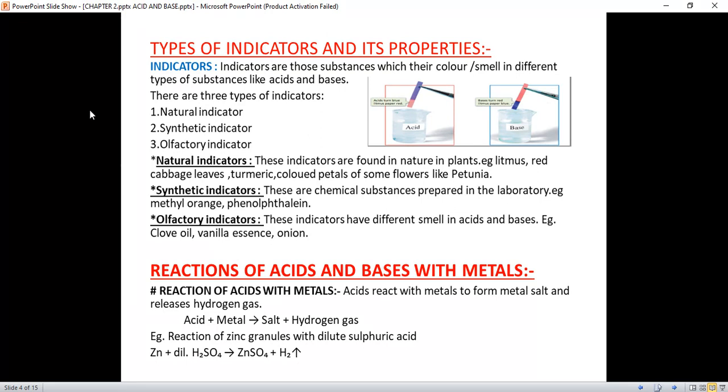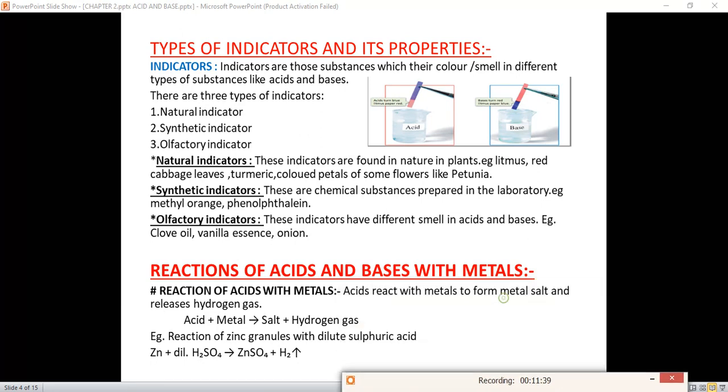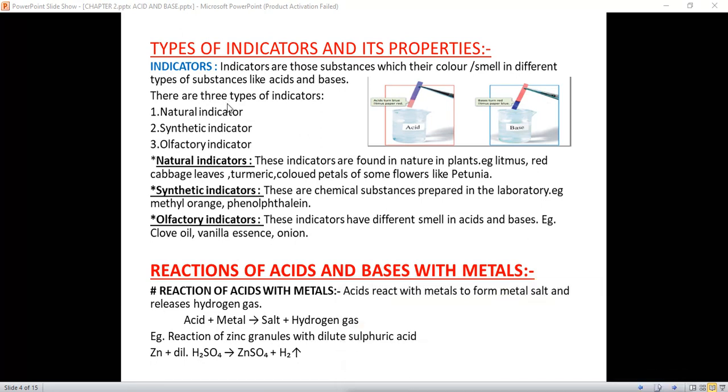Our next topic is types of indicators and their properties. What are the different types of indicators and their properties? What do we understand by the term indicator?